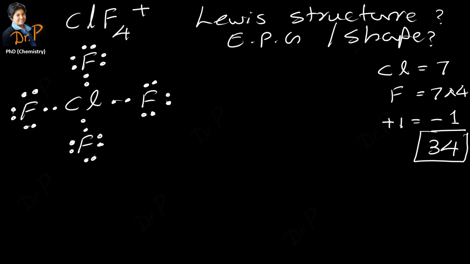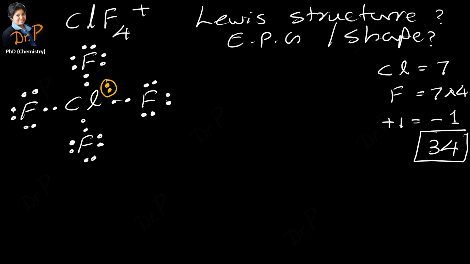So where can I put the remaining 2 electrons? I cannot put them on fluorine because fluorine cannot hold more than 8. It's a period 2 element. It cannot hold more than 8 electrons. So the remaining 2 electrons I'm going to put on chlorine. Chlorine can have an expanded octet.